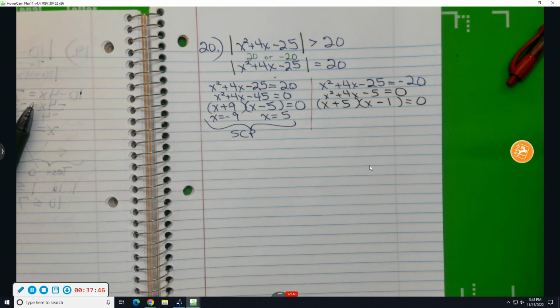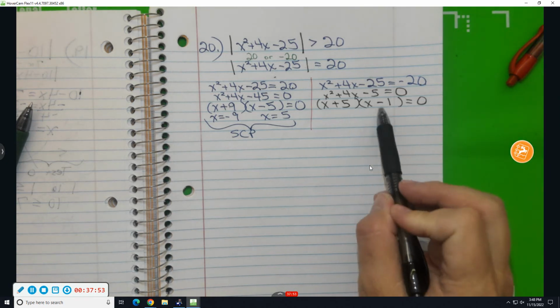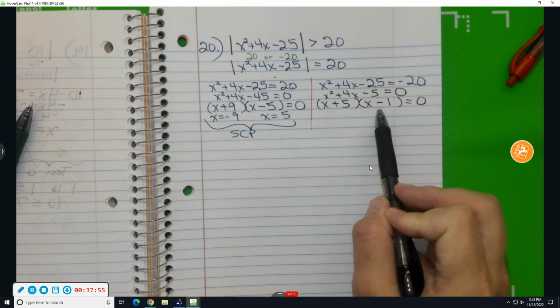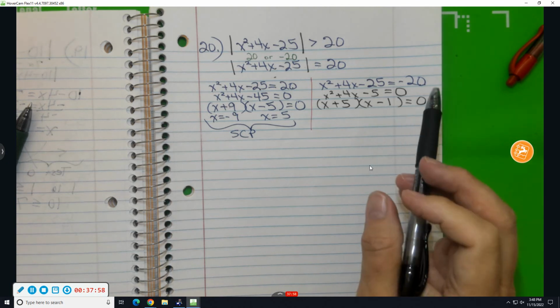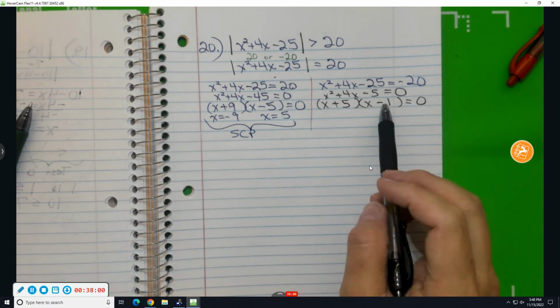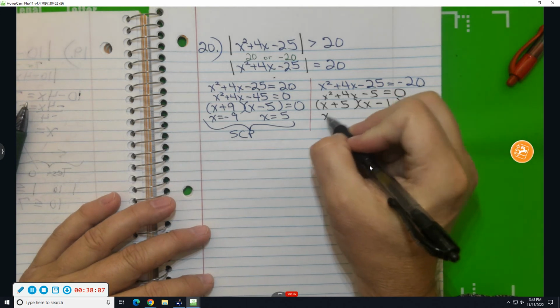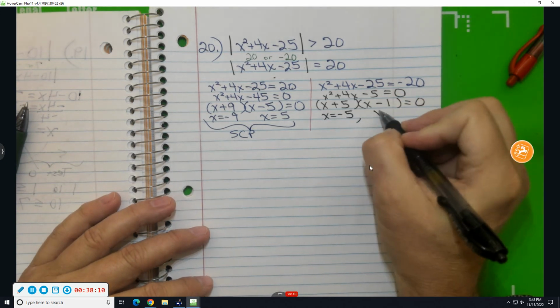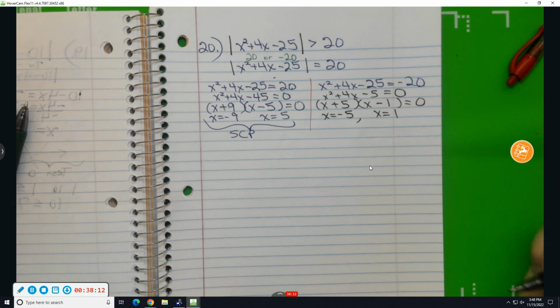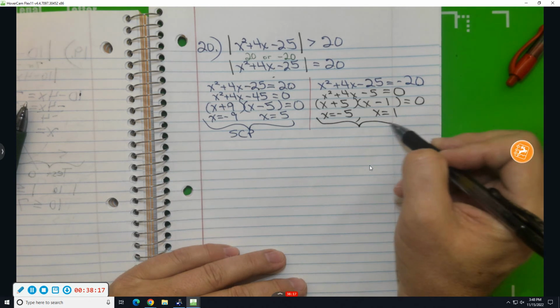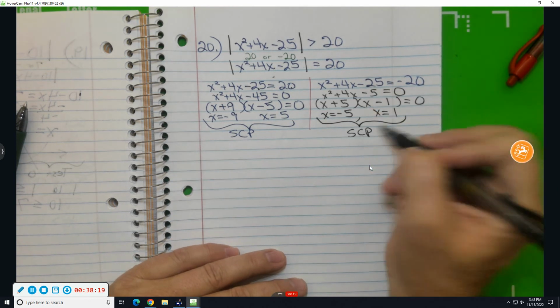Does that give us back the plus 4x that we need? So, did we get the same thing inside both sets of parentheses? No, we didn't. So once again, I know I only need to check one interval. I can assume an alternating pattern. So we have x equals negative 5 or x equals positive 1, setting those two factors equal to 0. So we have a total of 4 solution cut points.